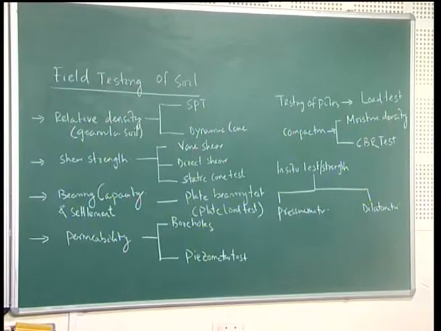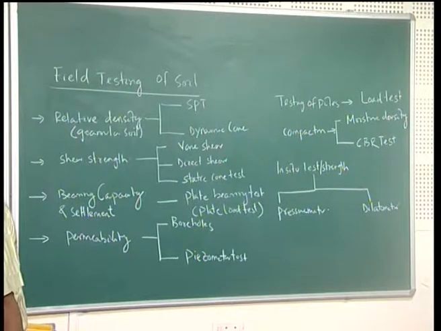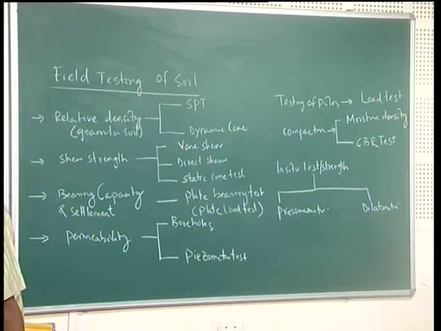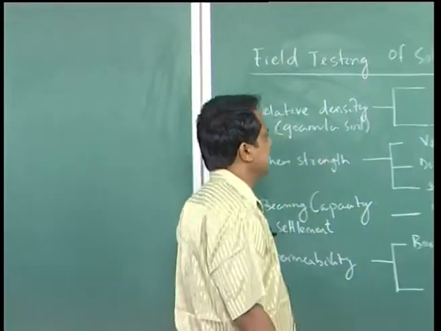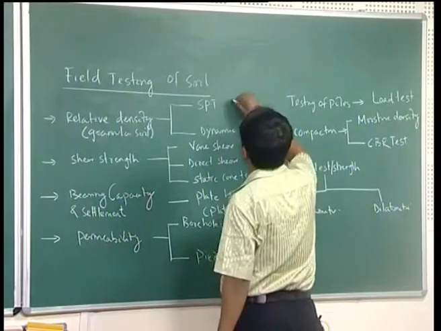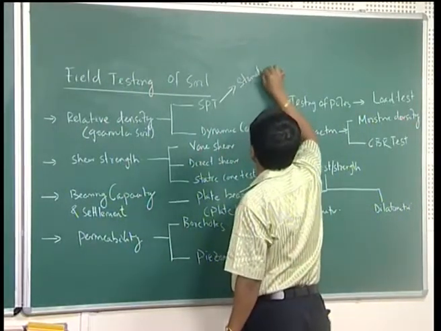Now, these are the set of field tests, in situ tests of soil in field. If you look at this, first one is your relative density. For granular soil, these are the two tests generally recommended. One is your standard penetration test, SPT.